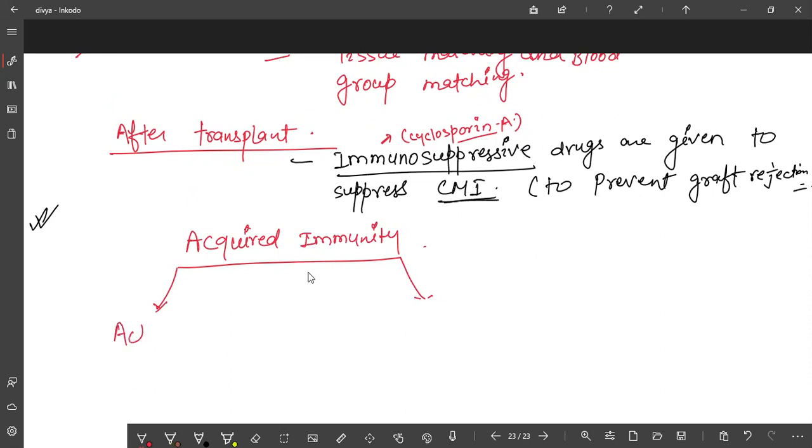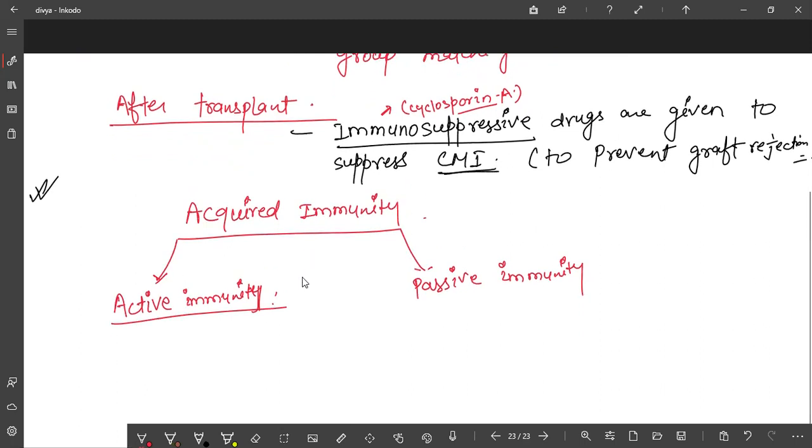One is called active immunity, and next is passive immunity. Active immunity and what? Passive immunity. So what will happen in active immunity and what happens in passive immunity? In active immunity, our body will produce antibody.